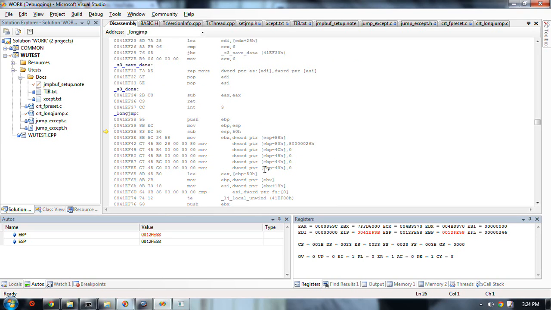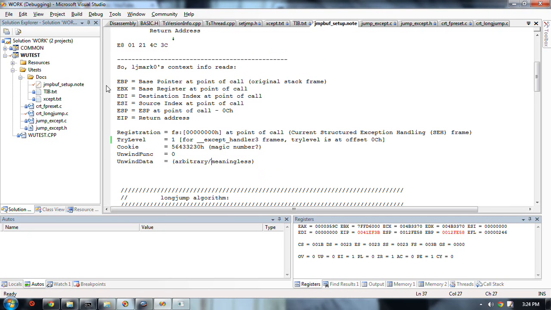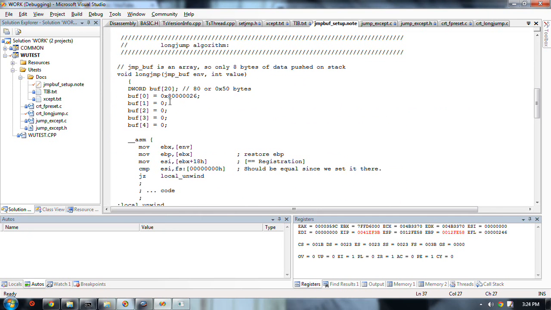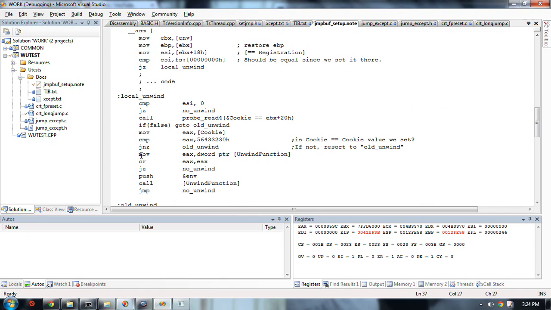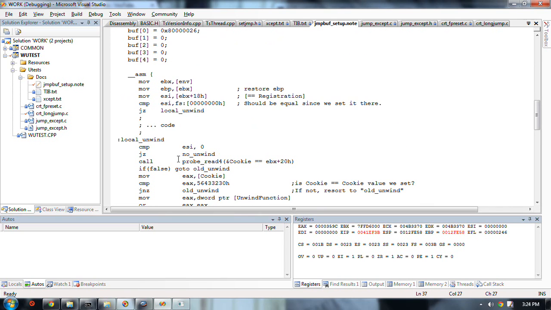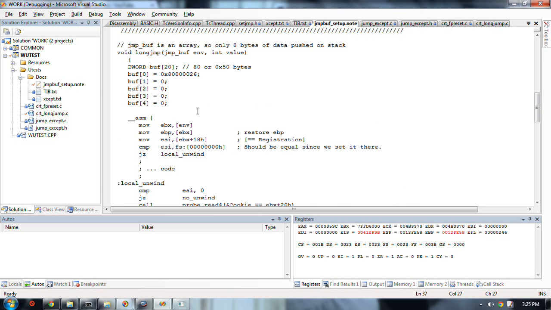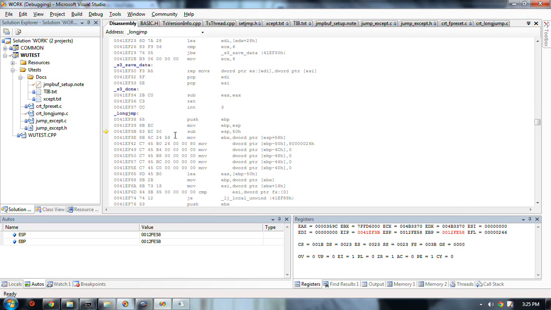which I started trying to write the algorithm out in C style code, and then it turned out that it reads easier in assembler than in C. However, there is a buffer allocated here, 50 hex.